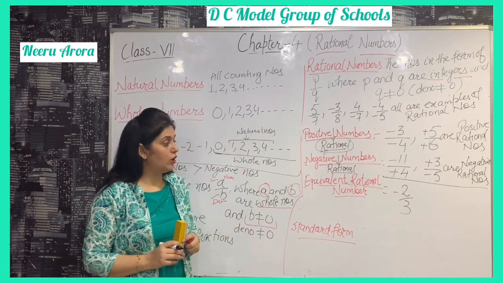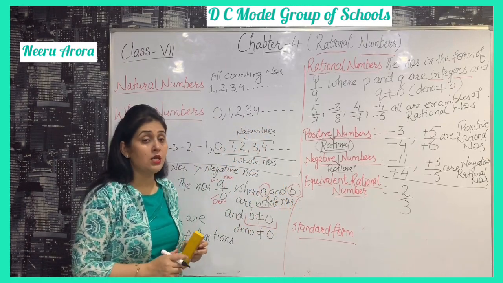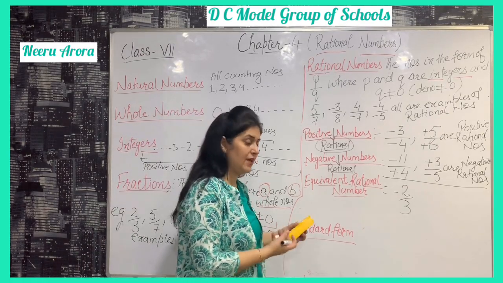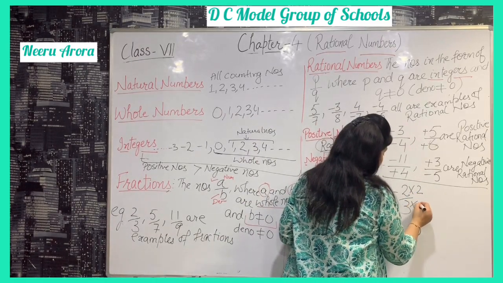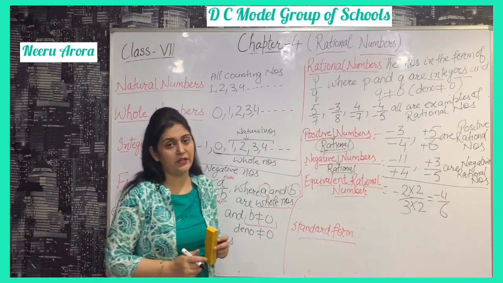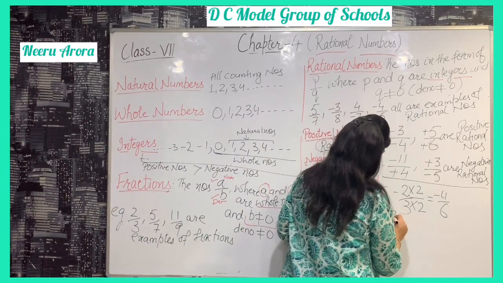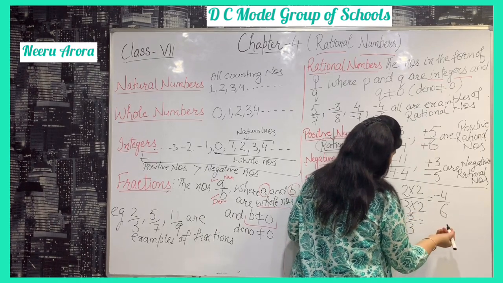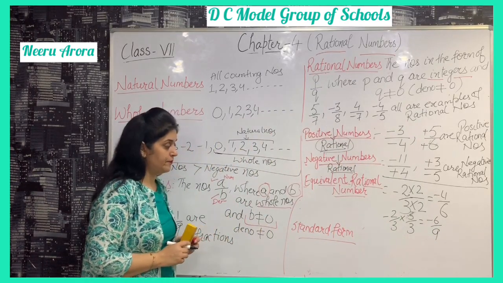On multiplying the numerator and denominator of a given rational number by the same non-zero number, we get an equivalent rational number, as we did in fractions. For example, minus 2 by 3 multiplied by 3 by 3 gives minus 6 by 9, an equivalent rational number.